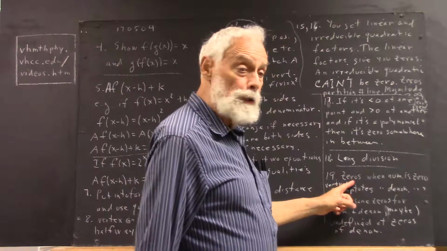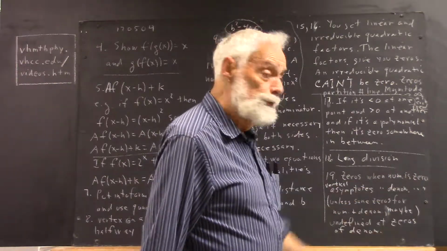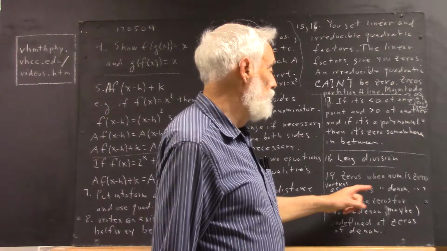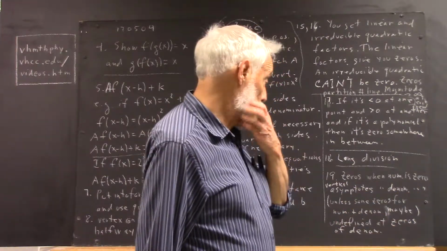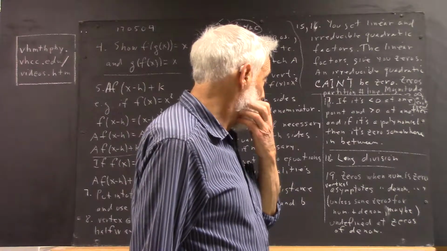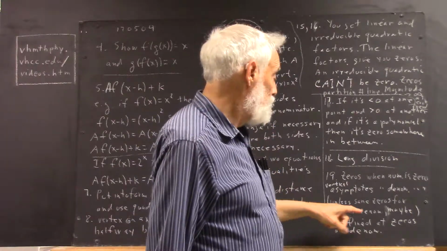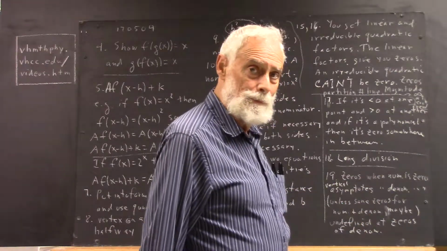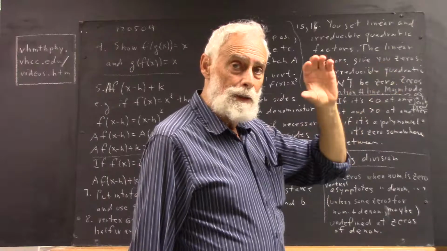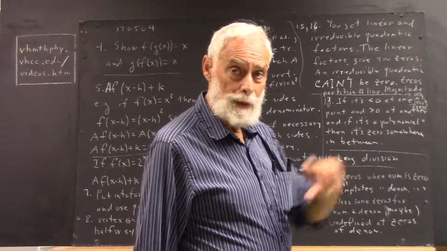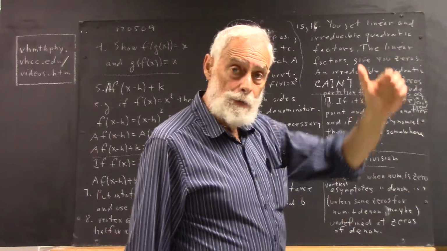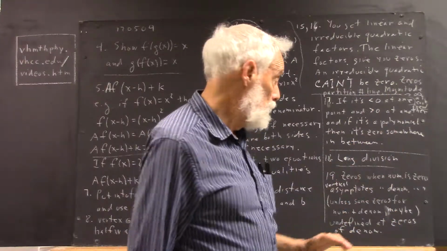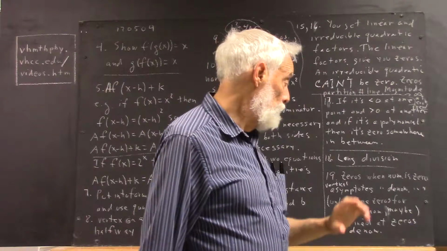The zeros of that function occur when the numerator is 0, and vertical asymptotes can occur when the denominator is 0. They don't necessarily occur because, unless you have the same zeros for numerator and denominator, in which case you have a linear factor up here that matches a linear factor down here. They would divide out. I don't like the cancel word. Don't try to avoid using it because people do it so badly.